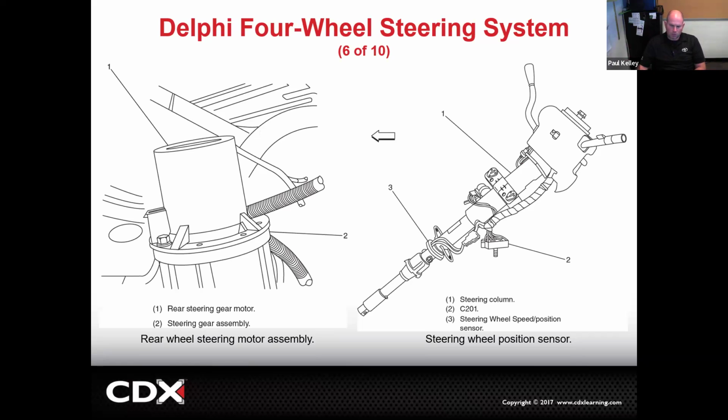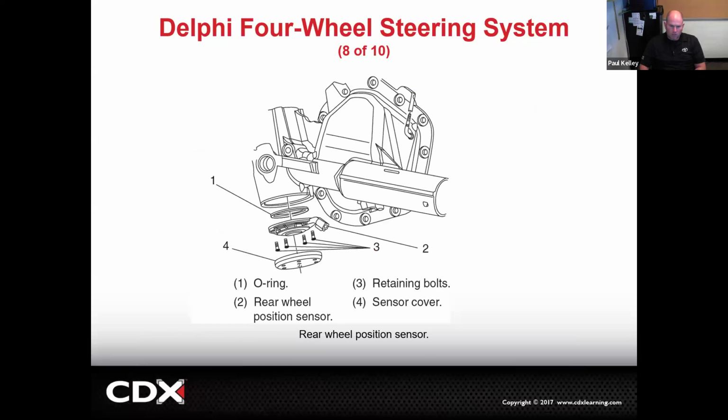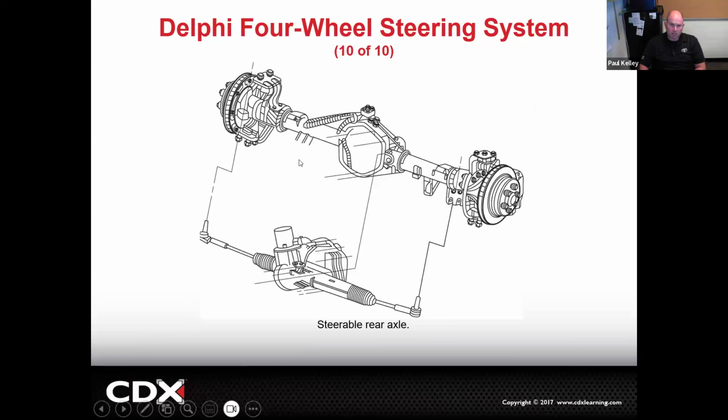And then, you know, it did have all the sensors we had way back in the day, steering angle, torque, and then this is showing the actual sensor as well. This is what position the rear wheels are in. So this was a rear wheel position sensor on the rear axle, kind of neat.